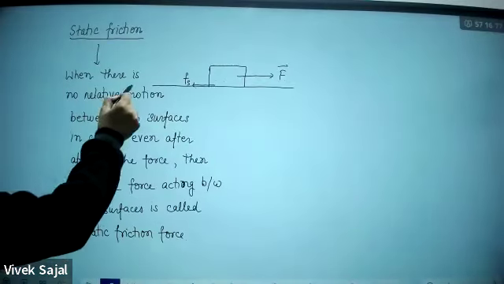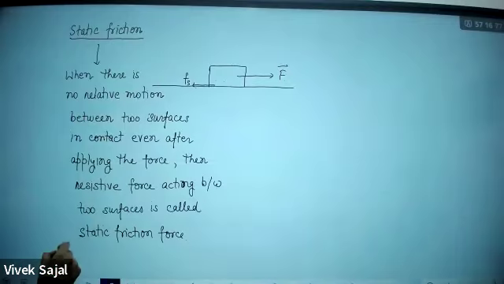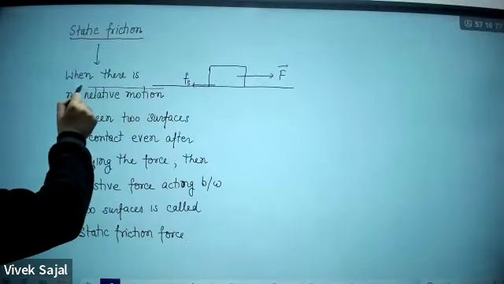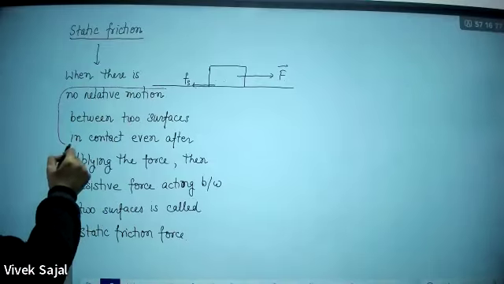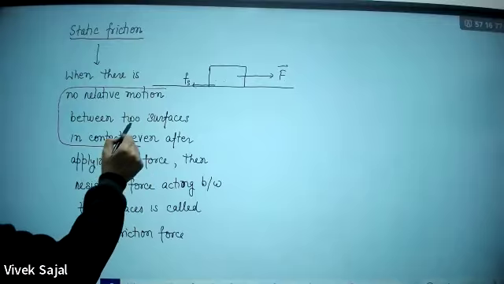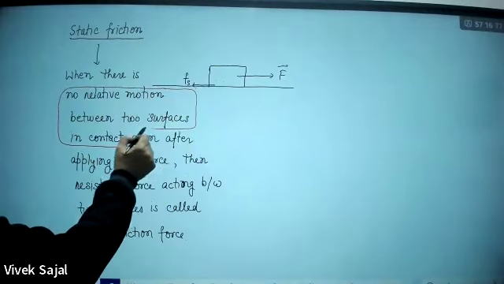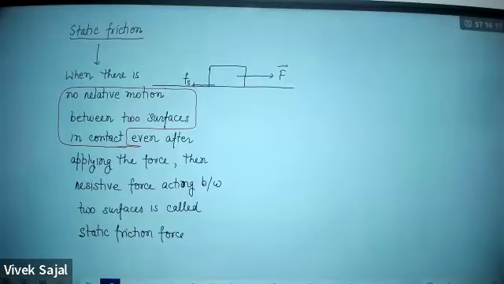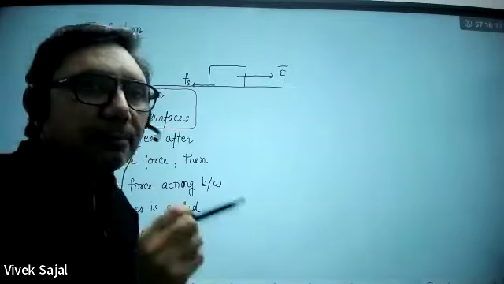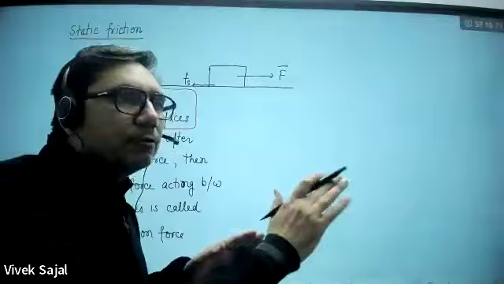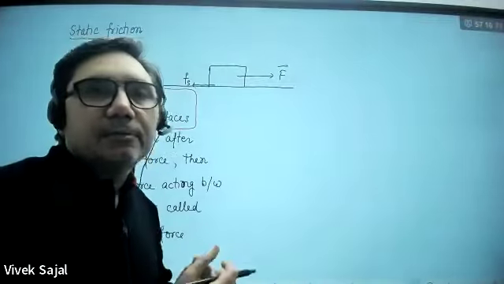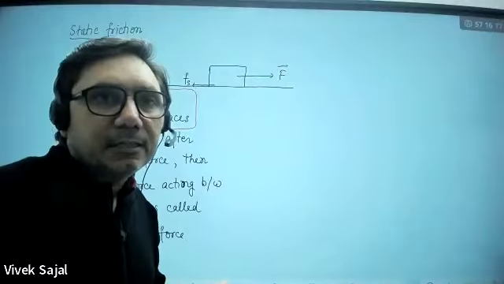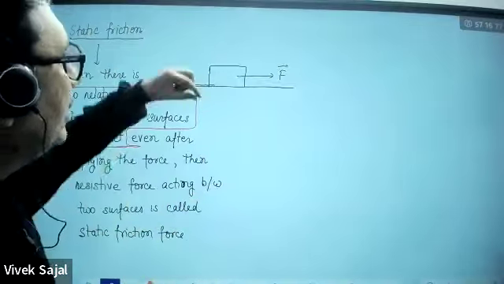So basically in this case, even after application of the force, there is no relative motion. You are applying the force, but relative motion is not taking place. Why is this relative motion not taking place?